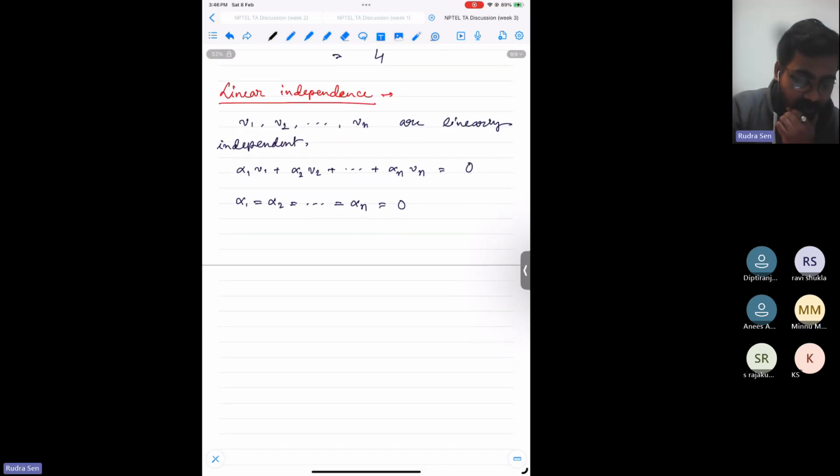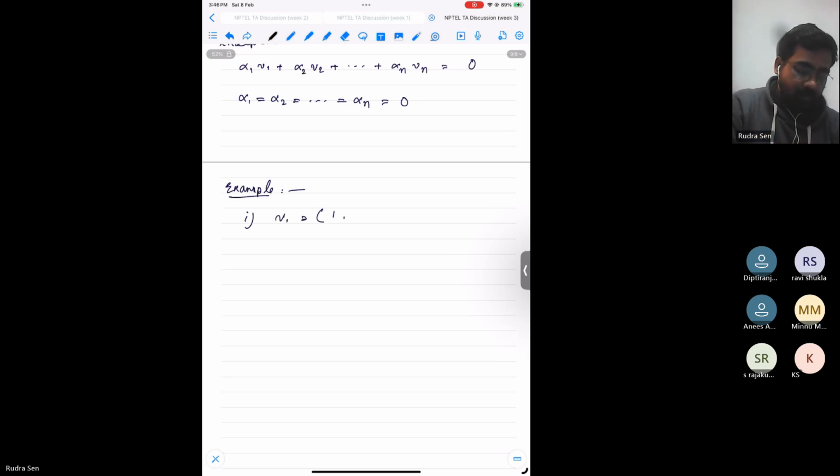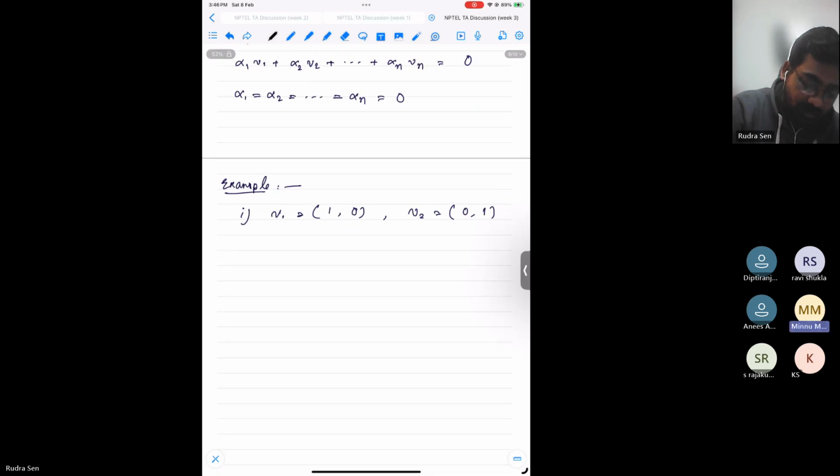Just like, let me give you examples of linearly independent and linearly dependent vectors. The first one: vectors (1, 0) and (0, 1). These two are linearly independent, definitely.